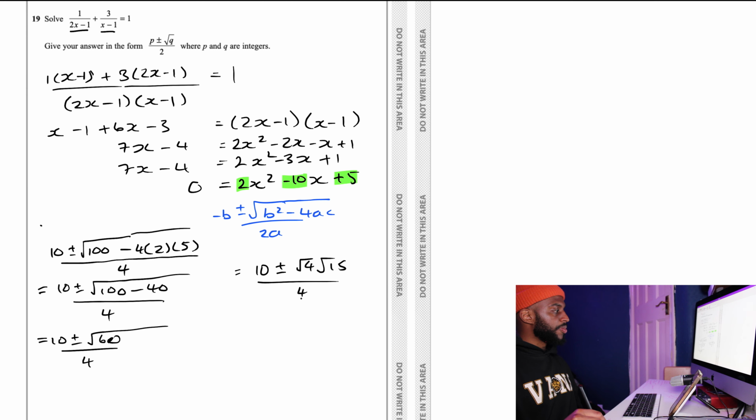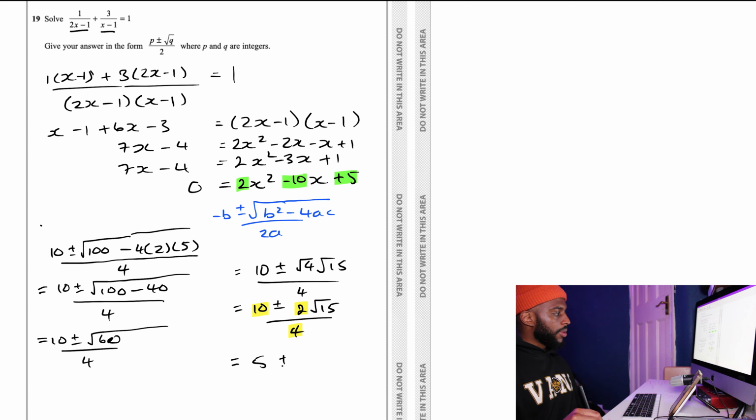That's still over 4. So again, we got 10 plus minus 2 root 15 over 4, as you can see. And then we can just divide everything by 2. So we divide that by 2, that by 2, and that by 2. And what that does is it gives us our simplified answer.